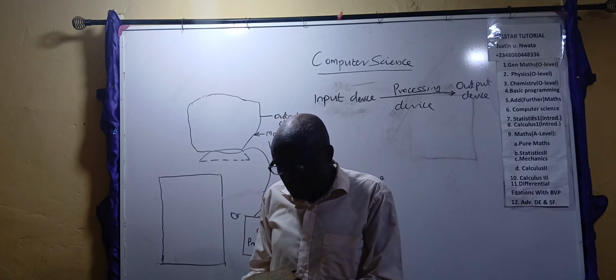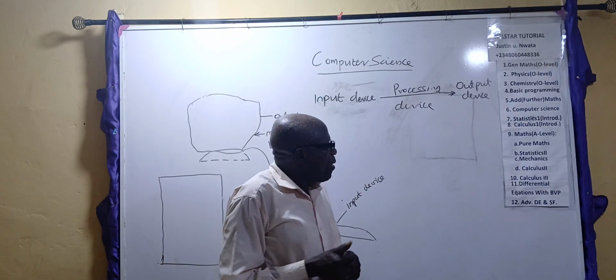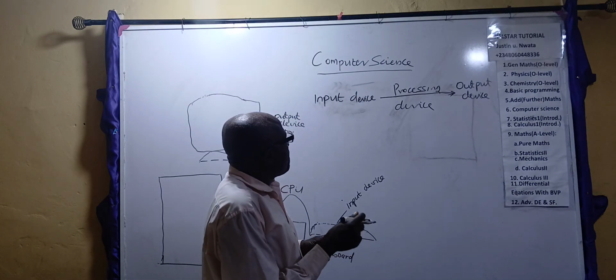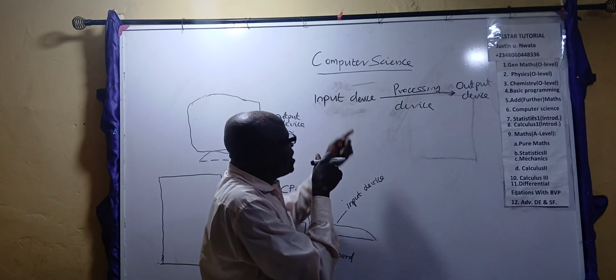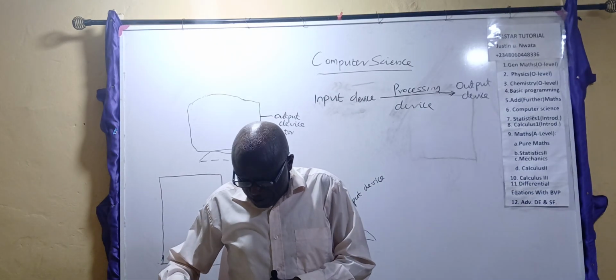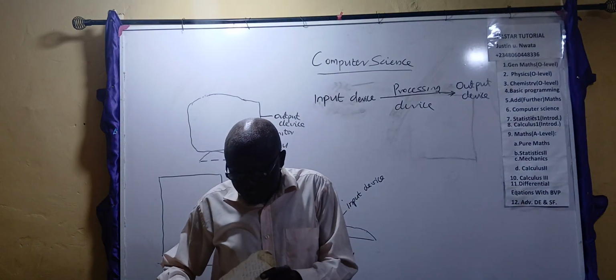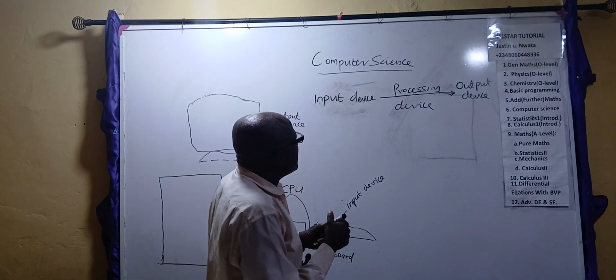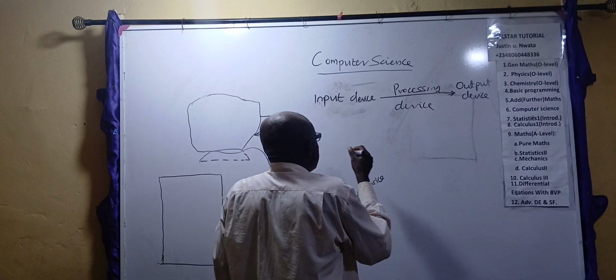Human beings, why do we need a computer? Human beings need a computer in order to process information. This device is an input/output device, which I write like this: I/O.